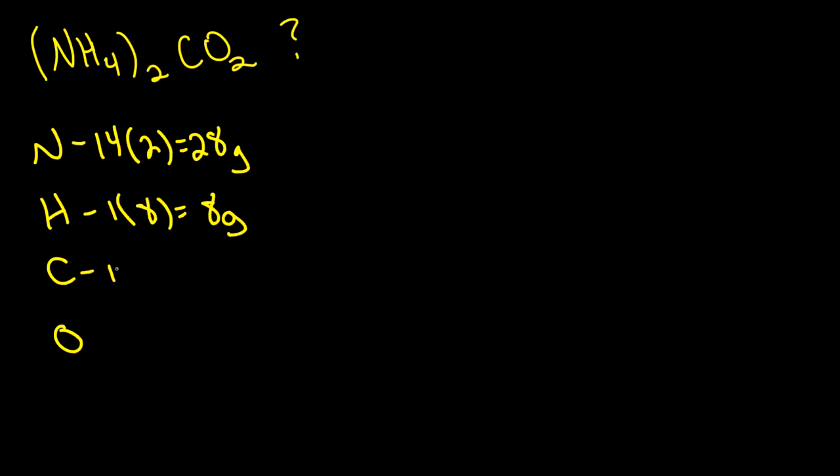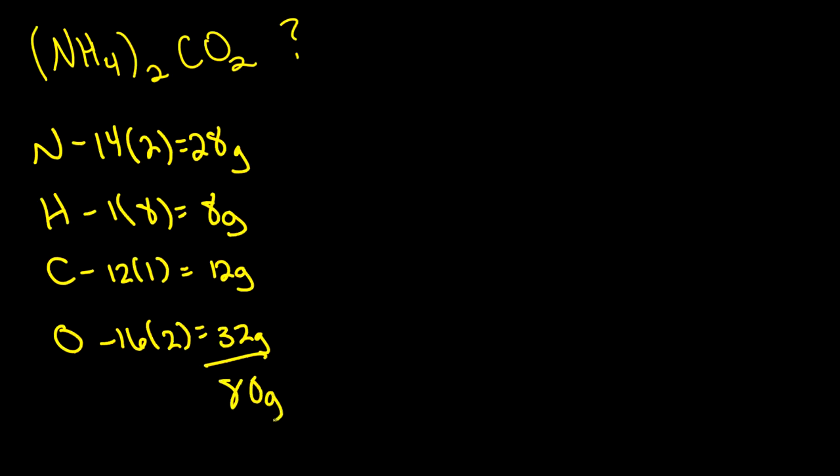Carbon is 12, and there's just that 1. Oxygen is 16, and there are 3 of them. So that's 48 grams total. Now to get the total molar mass, we add everything up. We got 28 plus 8 plus 12 plus 32. And that is a total of 80 grams. Good clean number.